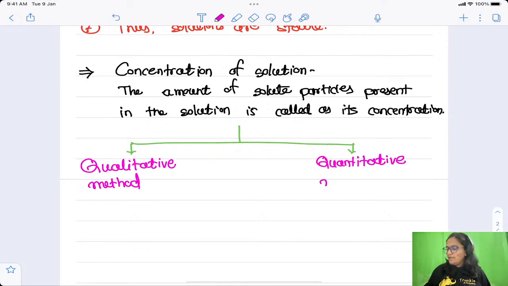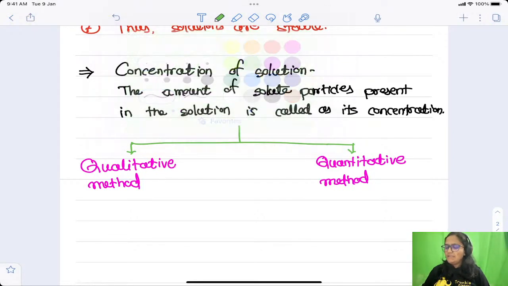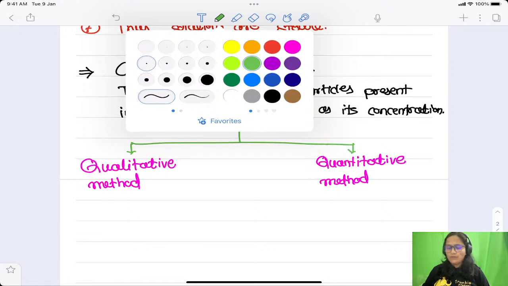Now, qualitative means what? It gives you the idea about quality only. But quantitative will give you the idea about the exact quantity. Quantity means exact amount, quality means only what is present.